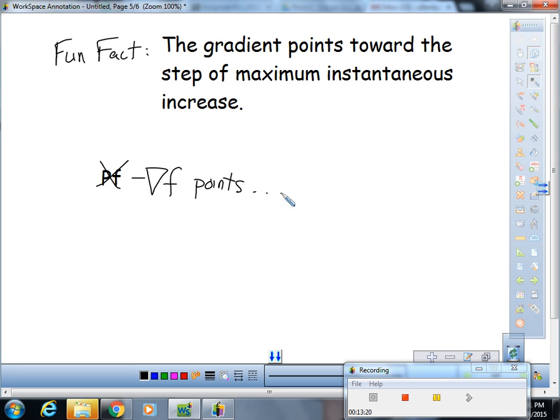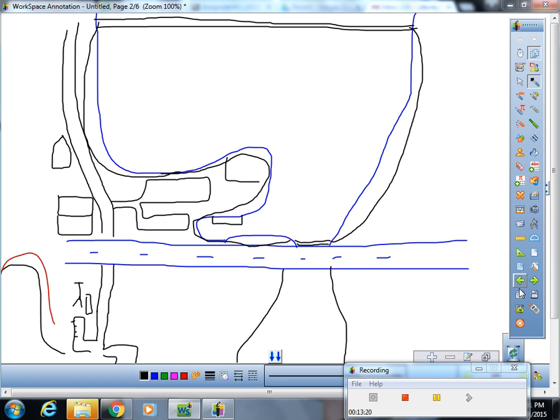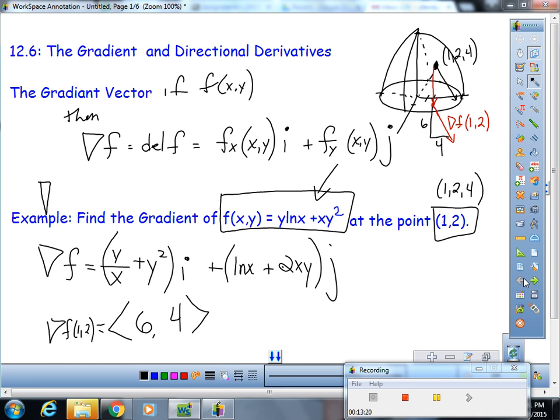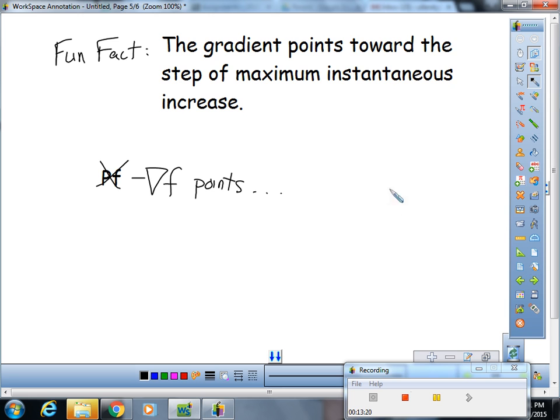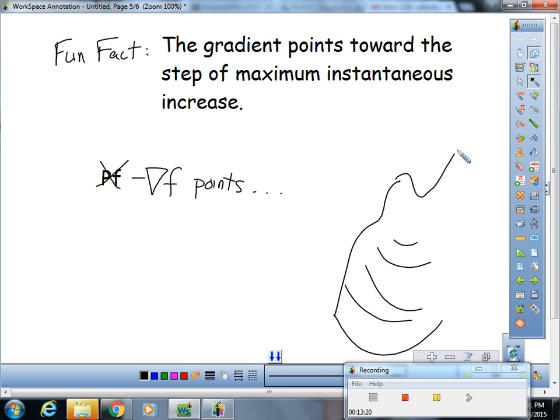But what it's telling you is, if we go back to our mountain climber example, if you're on a mountain, and below you is the shadow of where you actually are, and if this vector represents the direction of maximum increase, it's telling you that the slope of this green line is the highest possible slope in any direction that you step.